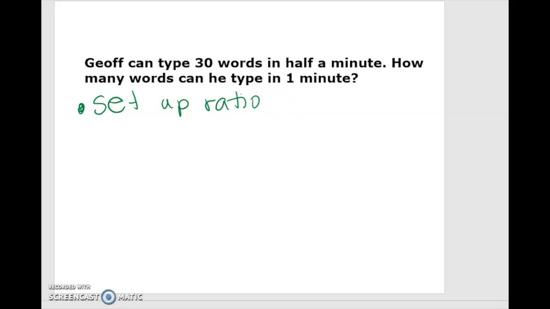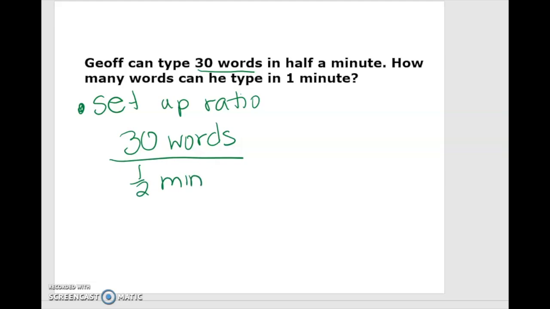So my ratio is Jeff is able to type 30 words, and again, we always write those units. And he is able to do that in half of a minute. Now, what we want to do is we want to figure out how many words can he type in 1 minute.